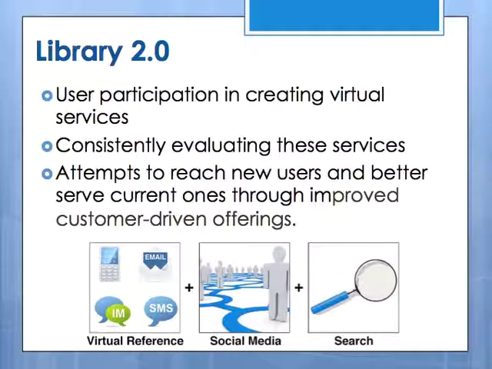And one of the ways it's been explained is that it invites user participation in the creation of the virtual services they want, supported by consistent evaluation of those services. And it also attempts to reach new users and better serve current ones through improved customer driven offerings.